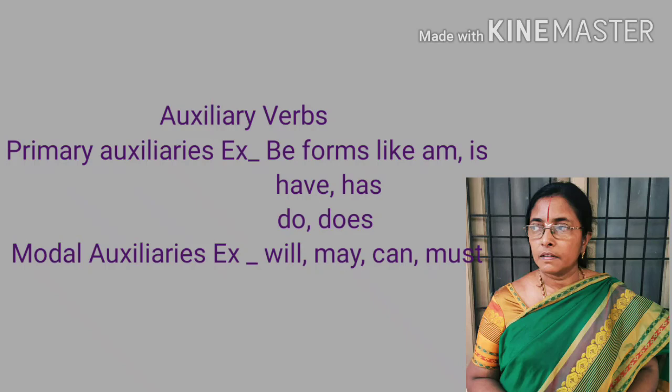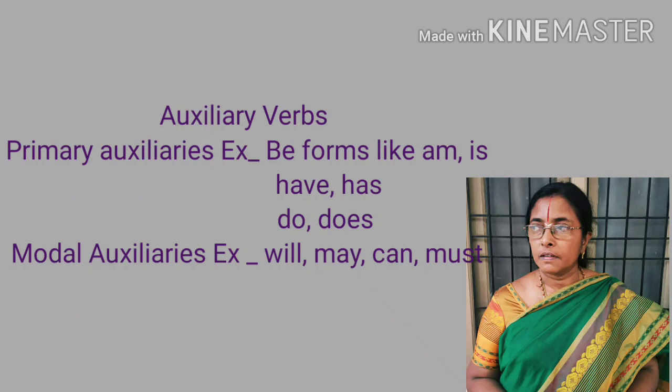For example, I did this problem. Here did itself is the main verb, right? Suppose you say, I did not complete the problem. Here complete is the main verb, did is used as a helping verb. Let us take one more example now. I am a teacher. I am teaching now. In the sentence I am a teacher, here am indicates position.